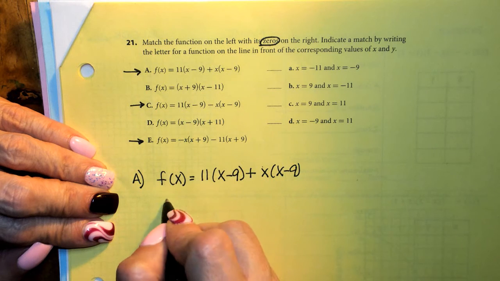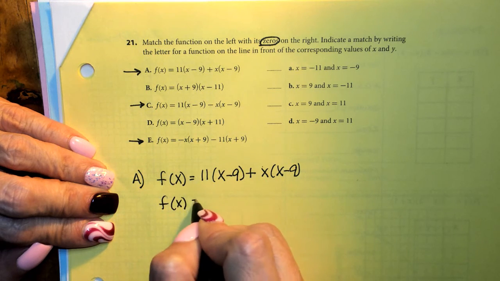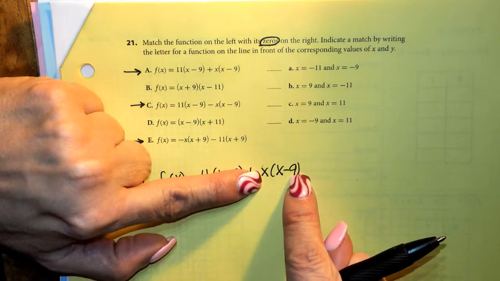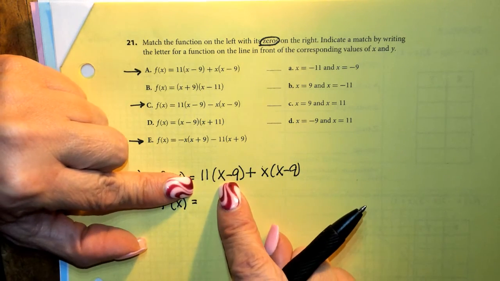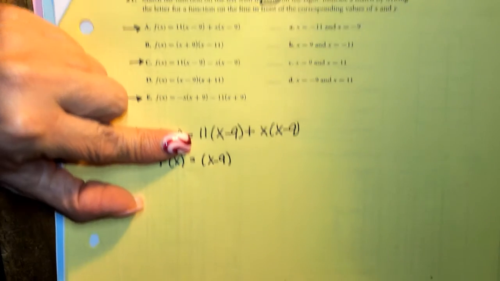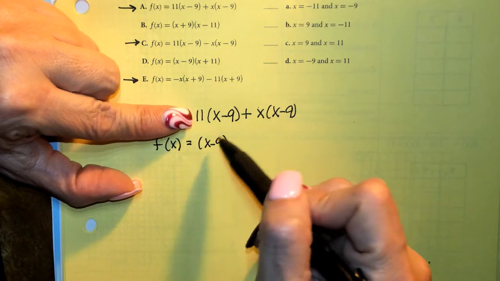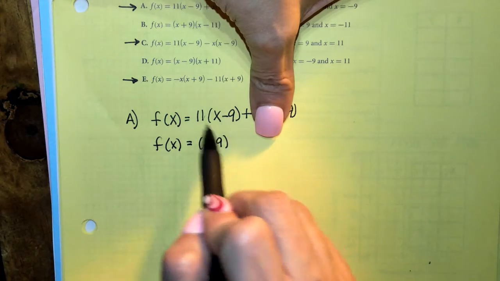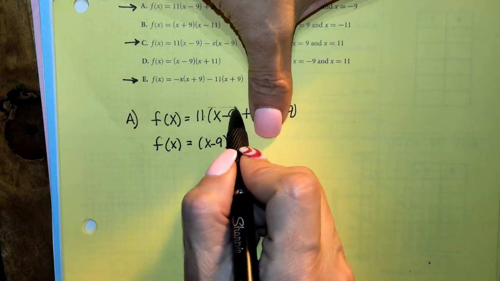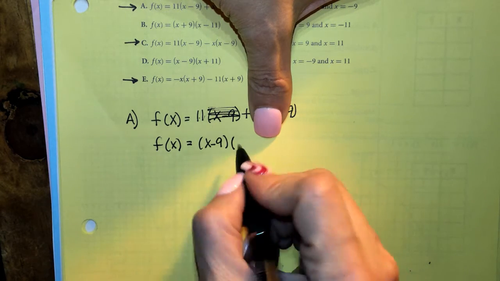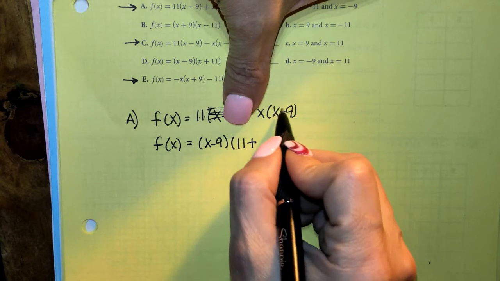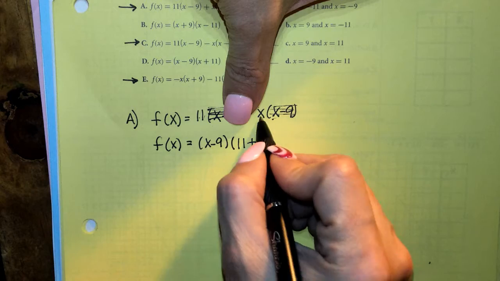In order to see these zeros, what do this and this have in common? They have x minus 9. So I'm going to pull x minus 9 out to the front. When I take x minus 9 out of this, I'm left with 11, plus, when I take x minus 9 away from this, I'm left with x.